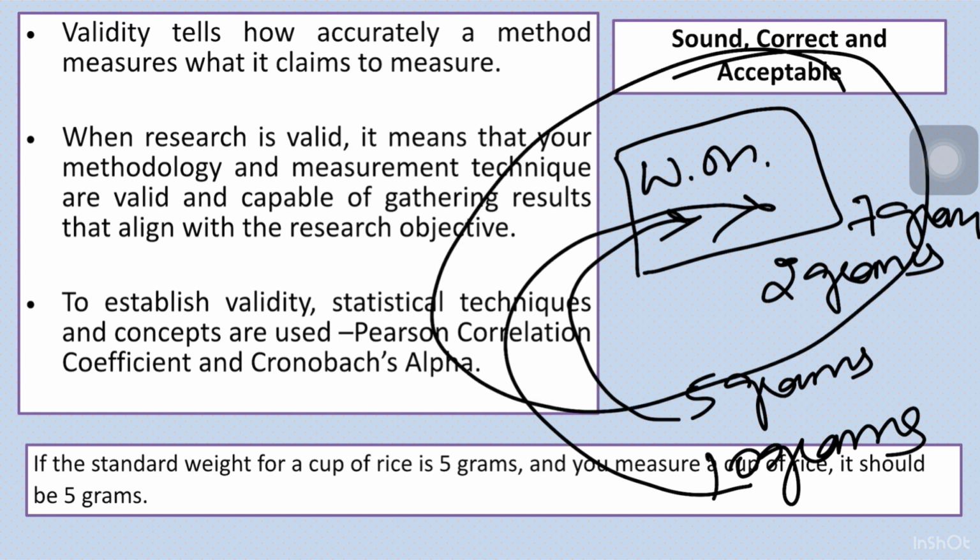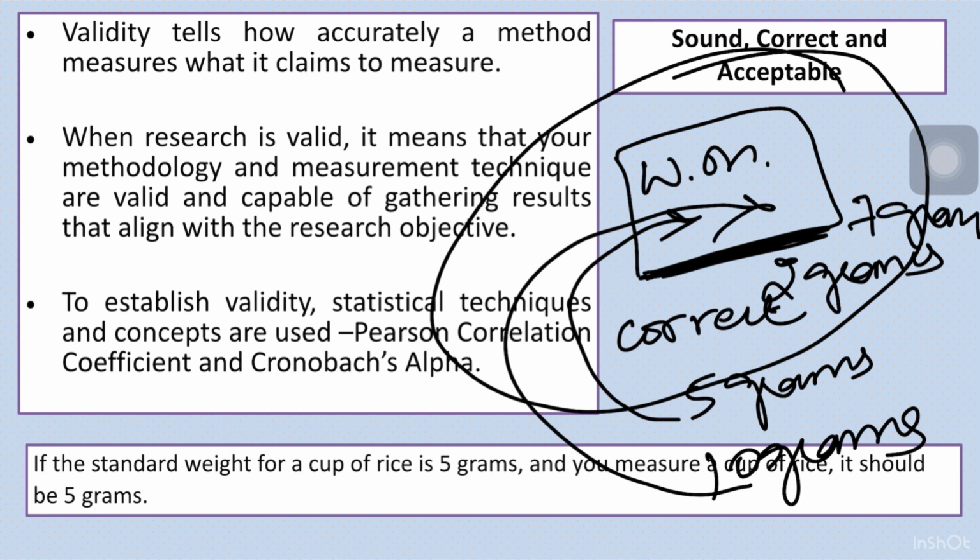Why? Because what it claims to measure is the weight of the object and it is not giving me the correct measurement. This is the meaning of validity. That means whether your instrument measures what it claims to measure or not.